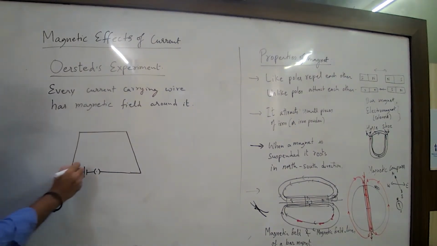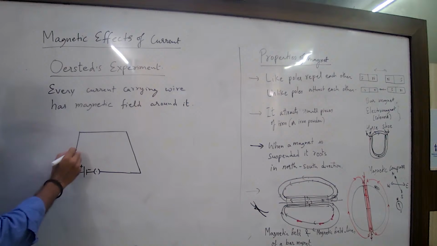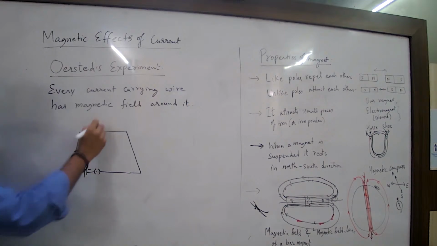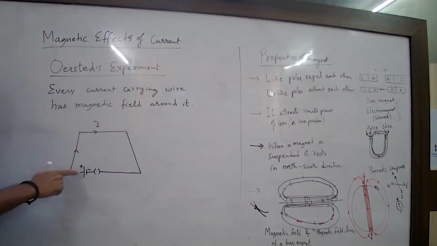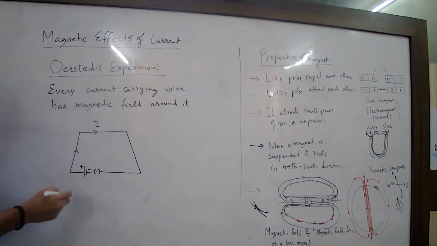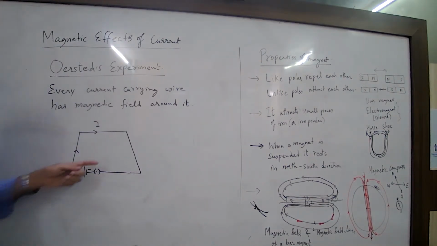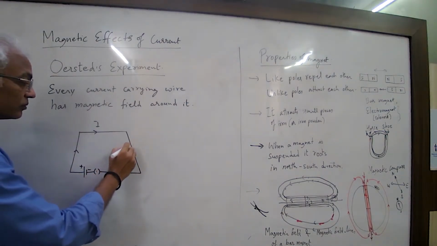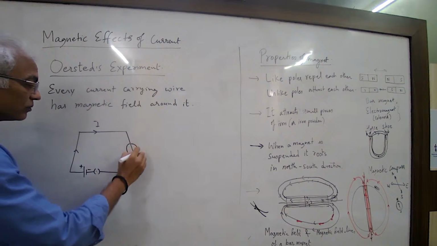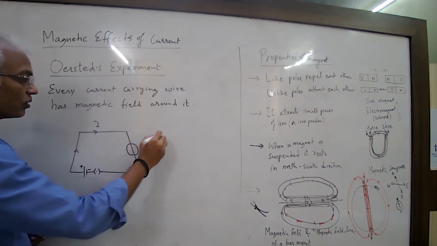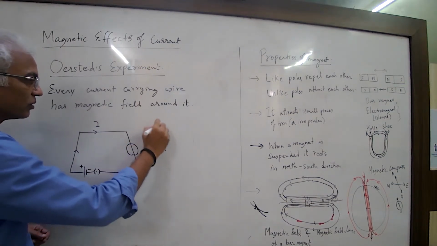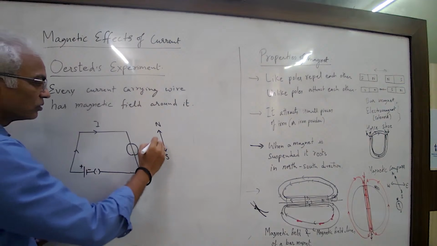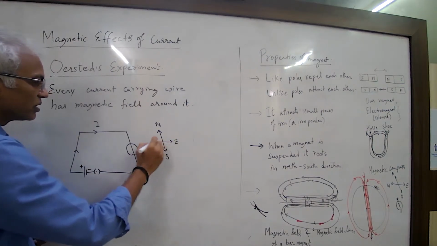So what is the current direction in this case? We have to always say conventional current direction is from the positive terminal to the negative terminal of the battery. Right. Now what is seen here? If the magnetic compass is kept below the wire, now this is the north direction. Let us say this is north, south, east and west.